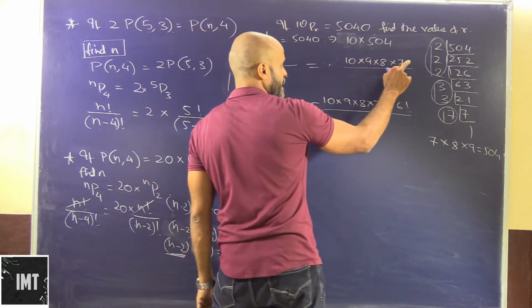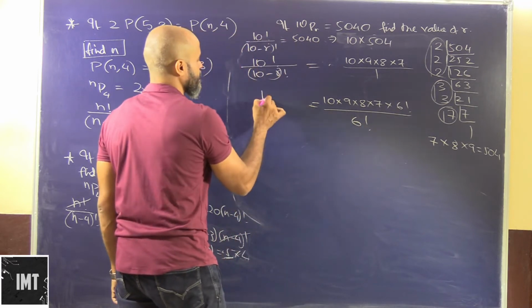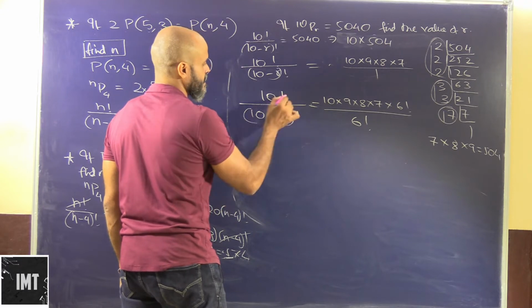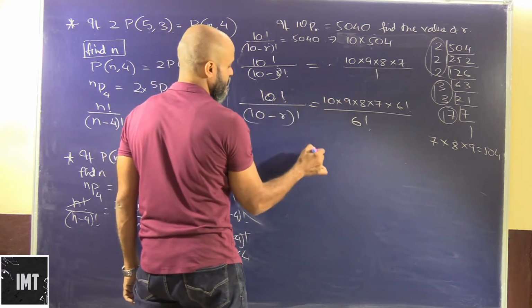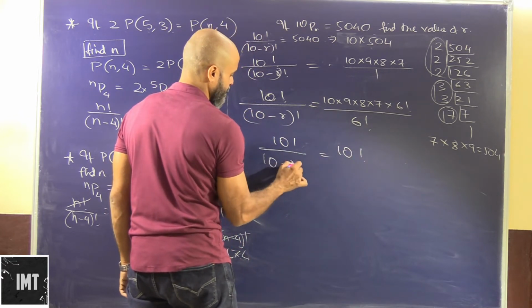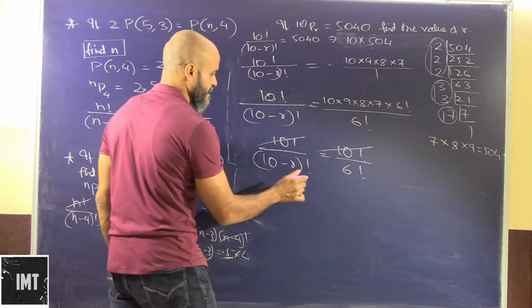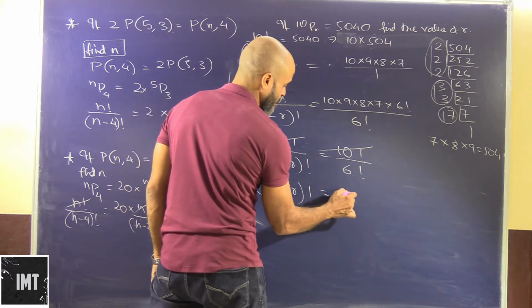Now since I have multiplied this by 6 factorial, this also gets multiplied by 6 factorial. So we have factorial 10 upon 10 minus r factorial upon 6 factorial. So this gets cancelled. So we have here 10 minus r factorial is equal to 6 factorial.